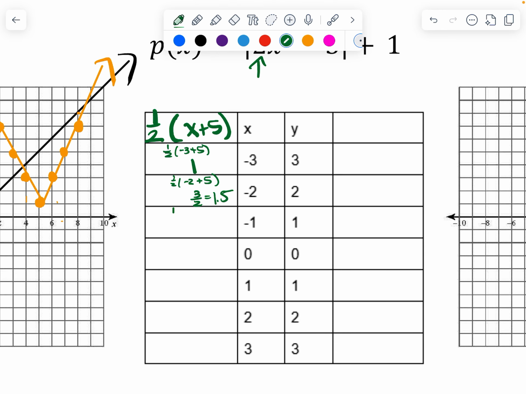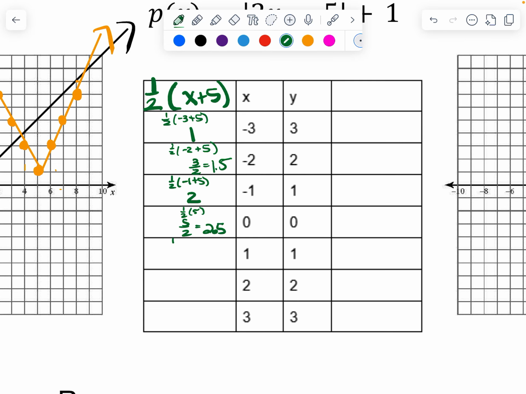This one would be 1/2 of -1 plus 5, which would be 4. So that's 2. 0, so that's 1/2 of 5. So that's 5 over 2, or 2.5.